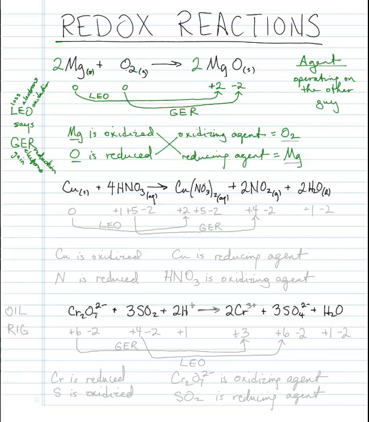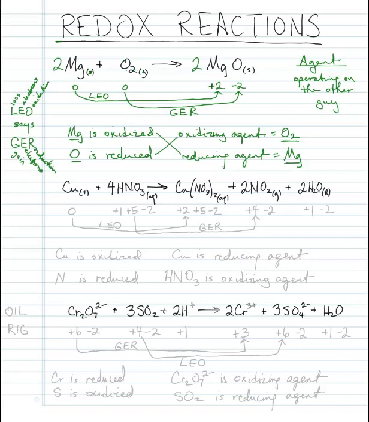When we talk about the agent, we talk about the entire formula, the entire compound if we have a compound. In this case we don't, but at least we can put O2 to show that it is the whole oxygen molecule that we're talking about. So let's go on to the next equation and do our oxidation numbers.